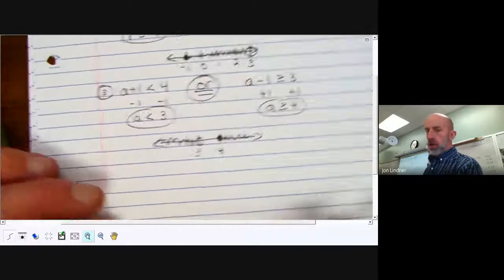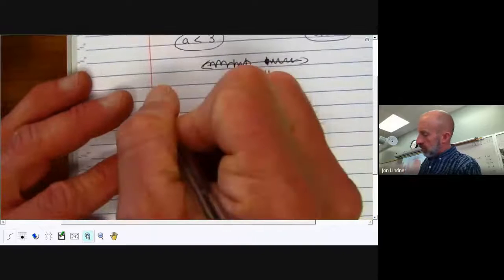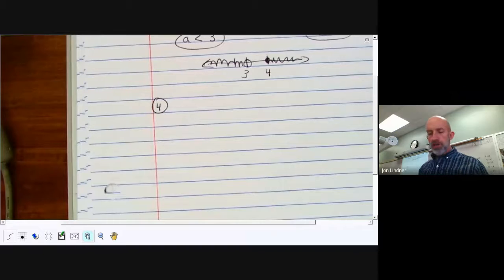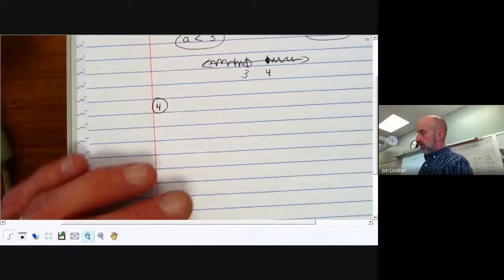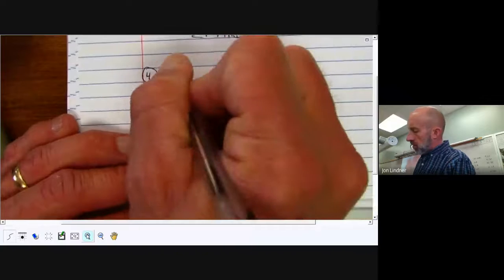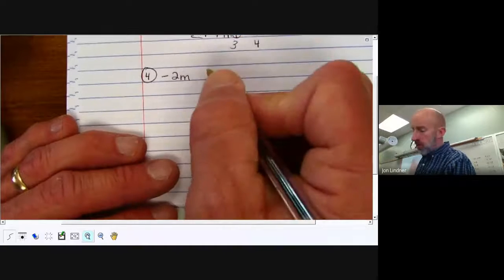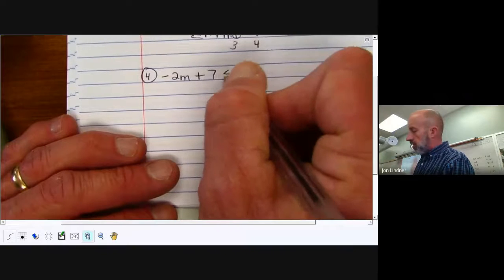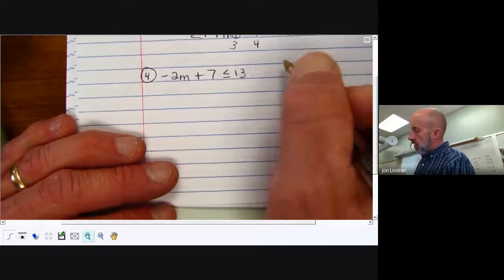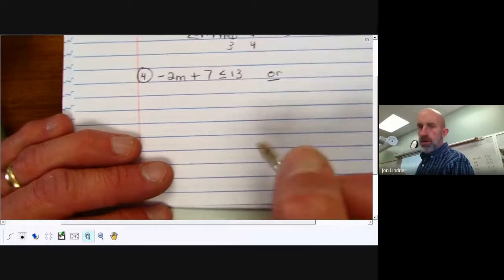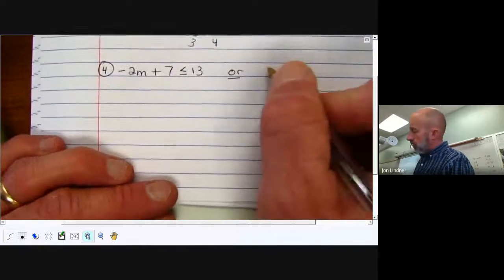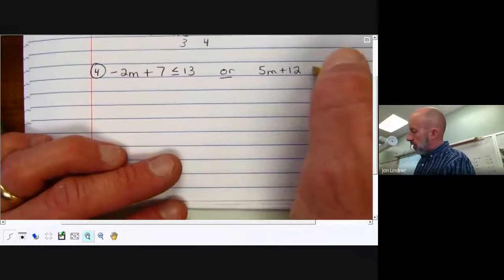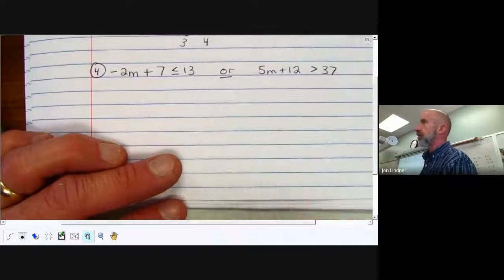All right. One last problem. This one also requires just a little bit of thinking. -2m plus 7 is less than or equal to 13, or 5m plus 12 is greater than 37.